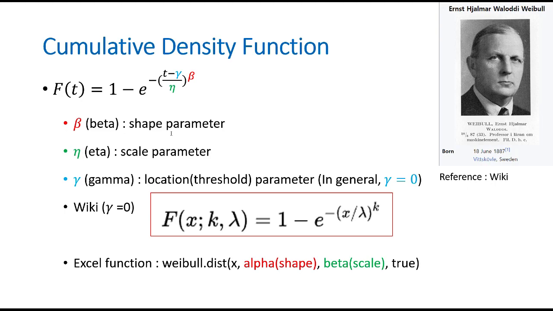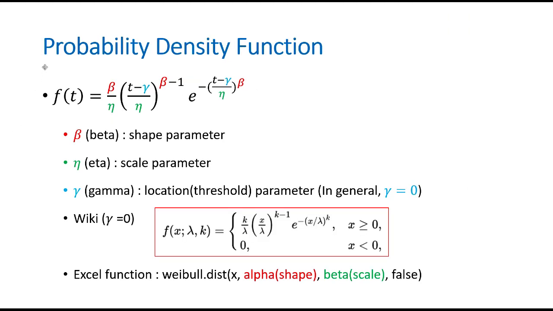Beta is a shape parameter and eta is a scale parameter. In Wikipedia, as you can see, it used different Greek letters, k and lambda, this one. And Excel provides the WEIBULL.DIST function. So you need to specify time and shape and scale and TRUE for CDF.